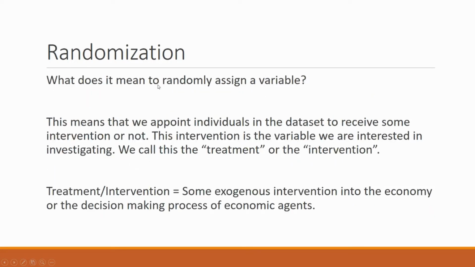What does it mean to randomly assign a variable? I've already said that if your variable of interest is randomly assigned, then we will not have omitted variable bias. Because if it's randomly assigned, it's not going to be correlated with or determined by other variables in the model, or other variables that should be in the model but are excluded.